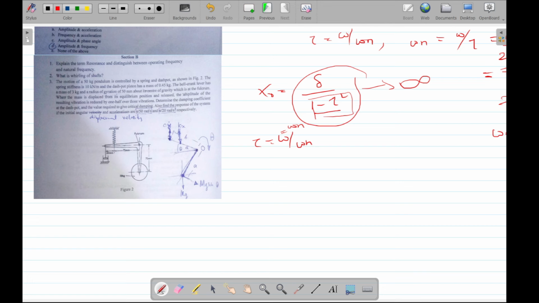Now, if you bring an external force to make the body vibrate, that force vibrates at its own frequency, which is the operating frequency. The whirling of shafts is just the frequency at which resonance occurs in the shaft. So when a shaft is rotating, there's a frequency such that when it rotates at that, the shaft is also going to collapse or reach resonance, of course.